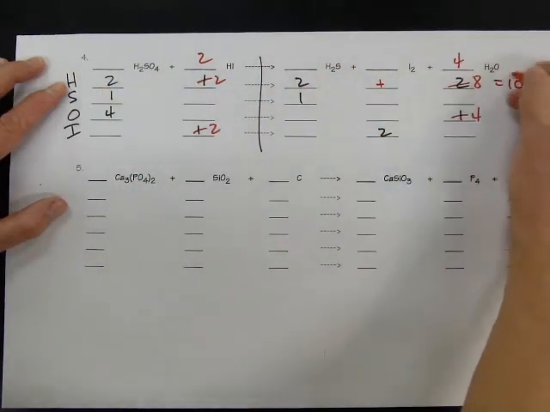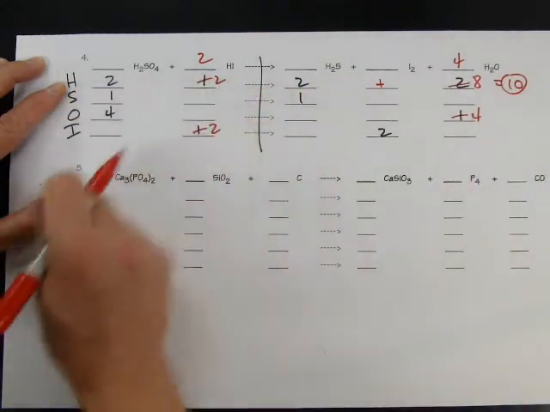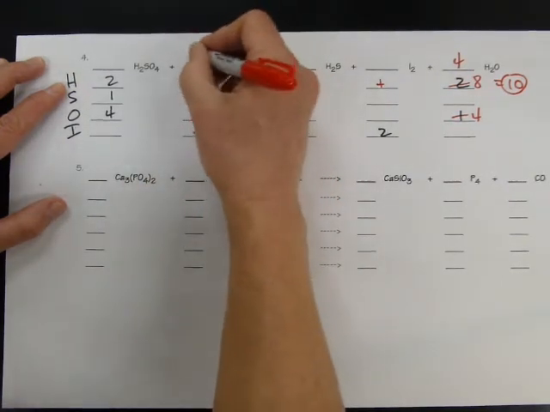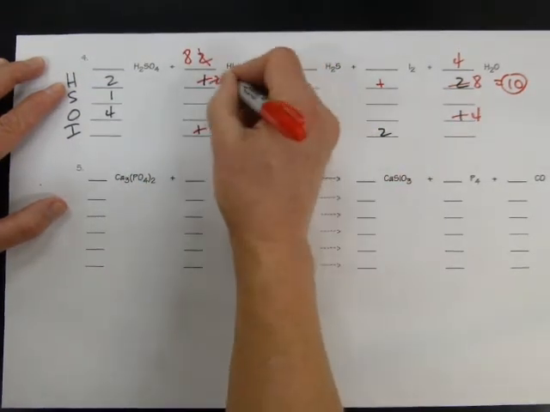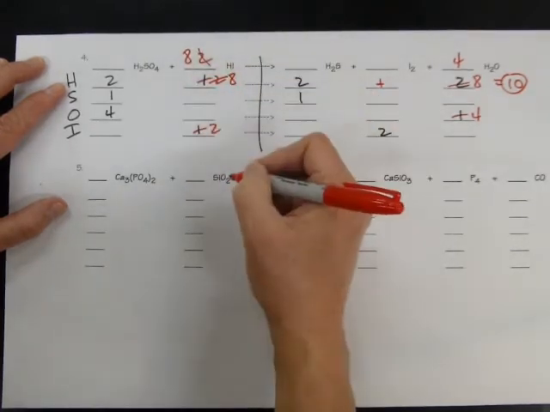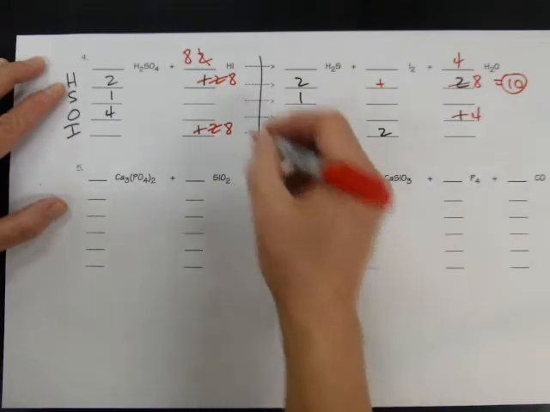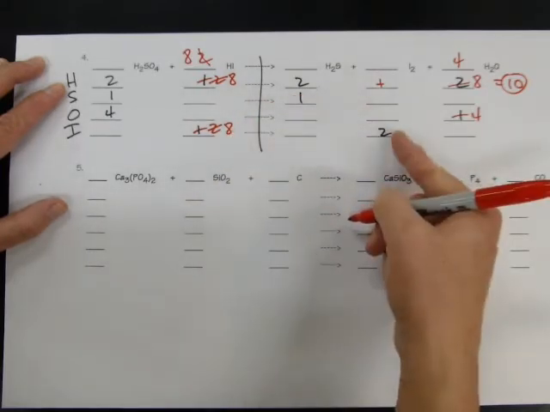Because if this is 10, I want this to be 10 over here. So instead of a 2 here, how about I try an 8? Okay, so I'm not going to use 2, I'm going to use 8. Because then 8 times 1 is 8. 8 times 1 is 8. And now I can get this 8 to balance over here.